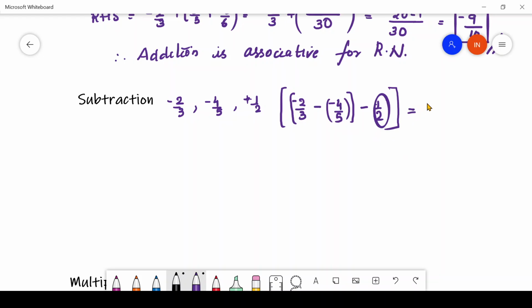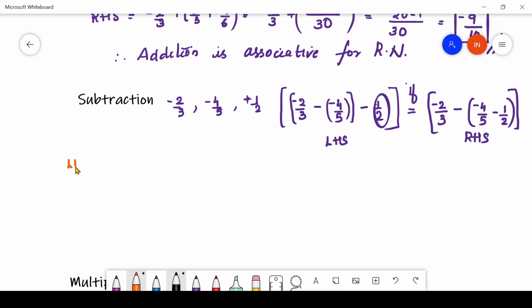This should be equal to negative 2 by 3, then minus negative 4 by 5 minus 1 by 2. If this LHS is equal to RHS, then only we can say that the subtraction is associative for rational numbers. So let us see whether this is satisfying or not.